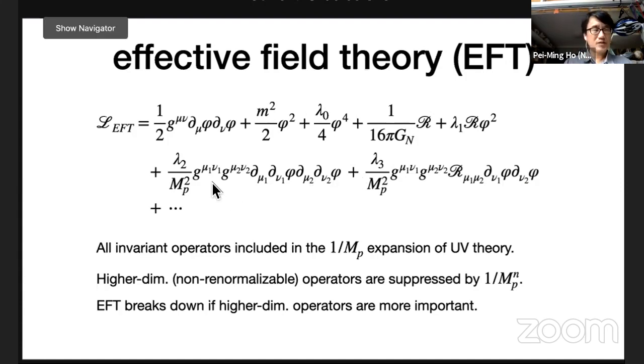Although the non-renormalizable terms are weighed by factors of 1 over Planck mass or positive powers of Planck length, their contributions are typically very small, negligible when you have sub-Planckian or sub-cutoff energy scale events.